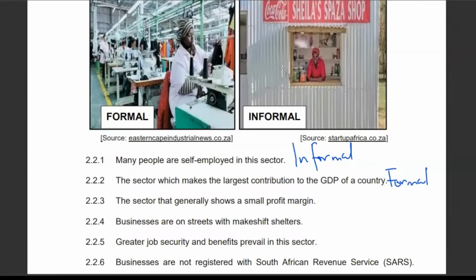The next one is saying the sector that generally shows a small profit margin. A small profit margin is realized in the informal. Businesses on streets with makeshift shelters, it's informal. Greater job security and benefits prevail in this sector. That is the formal sector.